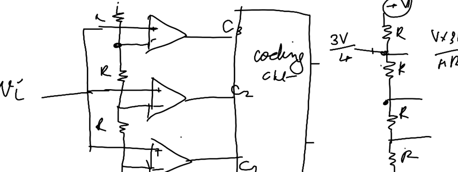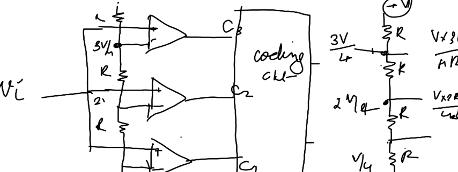This potential V is divided between these resistors: V into 2R divided by 4R, that is V by 2, or 2V by 4. And here the potential is V by 4. So here the potential is 3V by 4, here 2V by 4, and here V by 4.